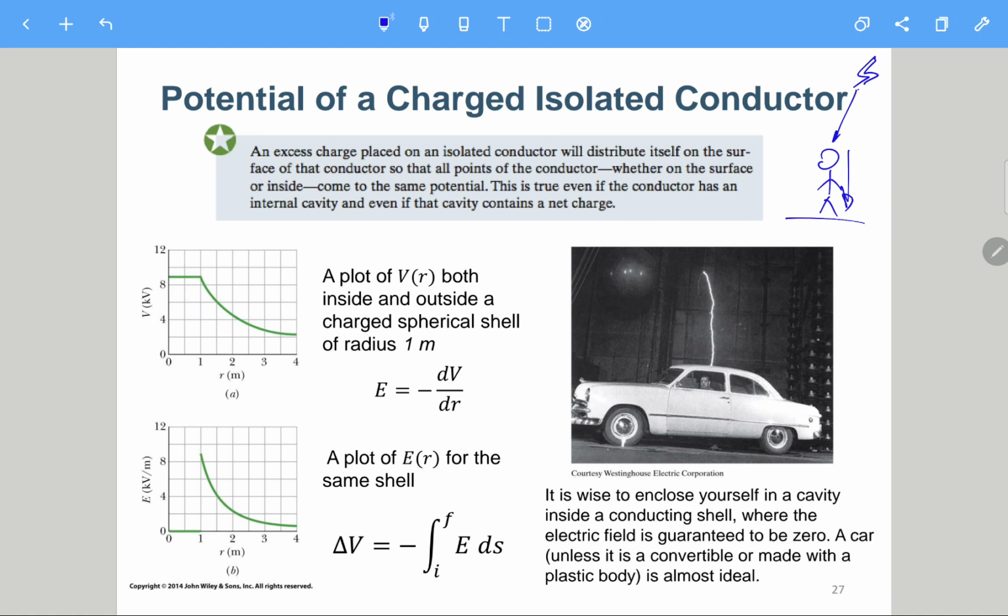And for this case, suppose this guy is in a car, so this guy is here. So actually the car itself is a conductor, so the car itself shares the same electric potential, which means that there will be no current going through the guy.